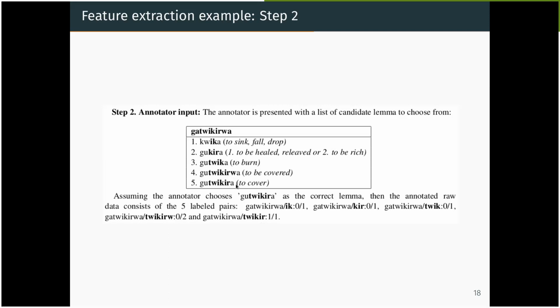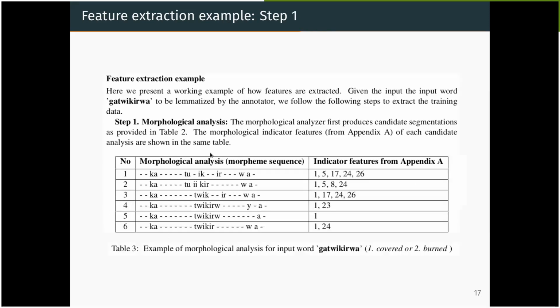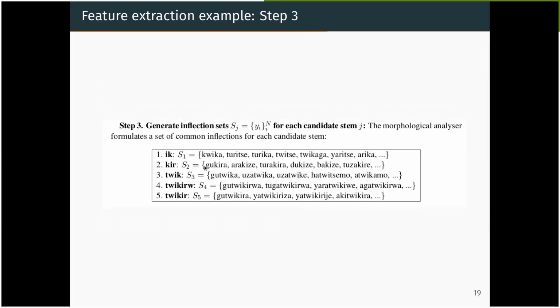So you have these, and how do you generate features for every segmentation? One set of features is the similarity features. You take the word gatwikirwa, and you try to see how similar it is to other inflections of kwika.